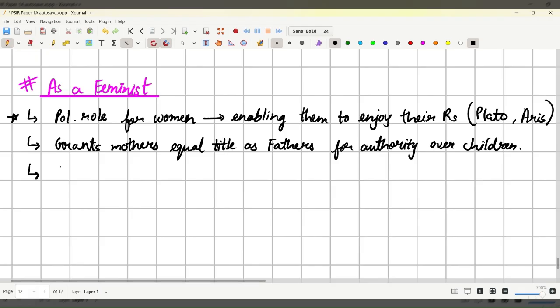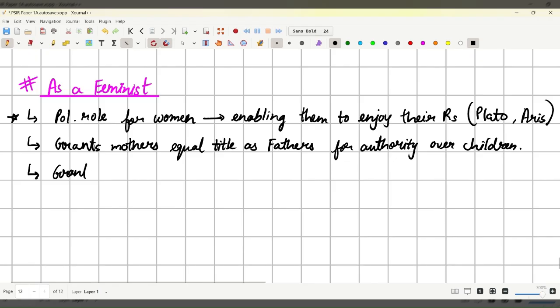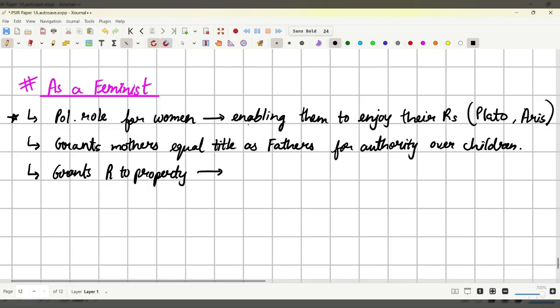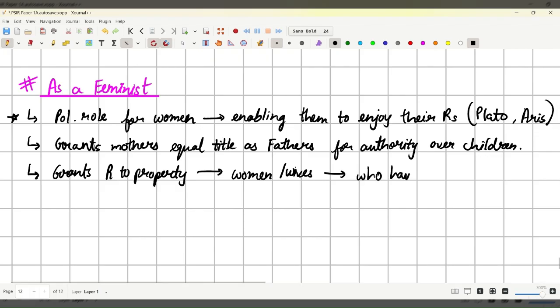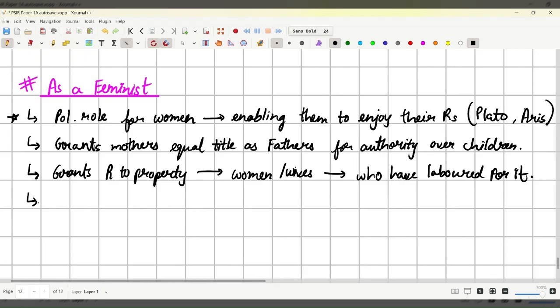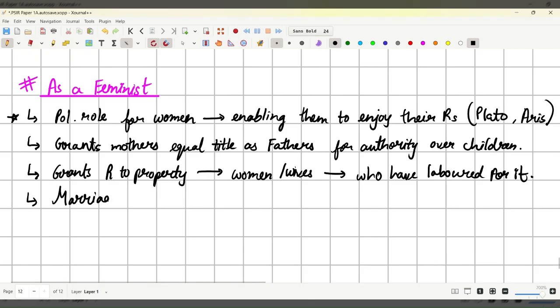He also grants the right to property to women or wives who have labored for it, who have worked hard for it. So he grants them the right to property and the freedom to have property as well. Then he also classifies marriage as a contract, and not natural.